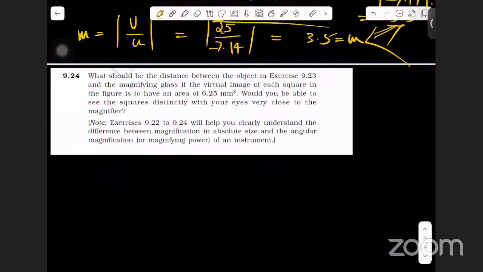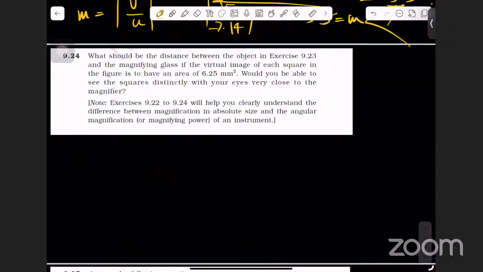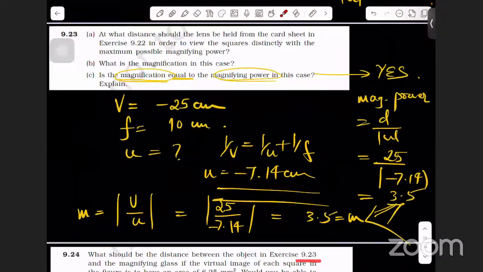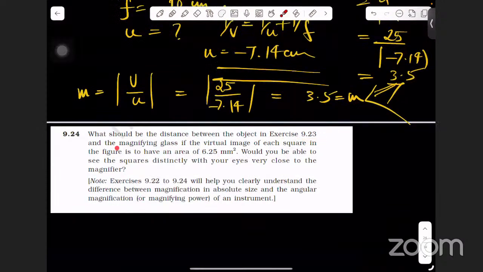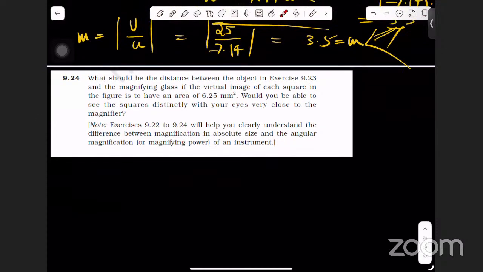Great. Next, moving on to question number 24. What should be the distance between the object in exercise 9.23 and the magnifying glass if the virtual image of each square in the figure is to have an area of 6.25 square mm?